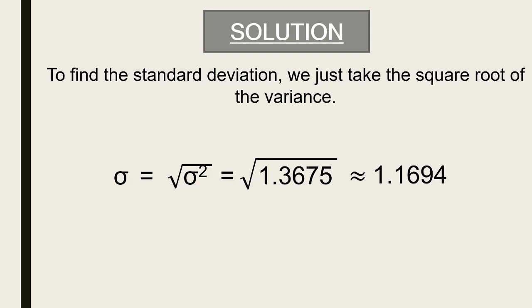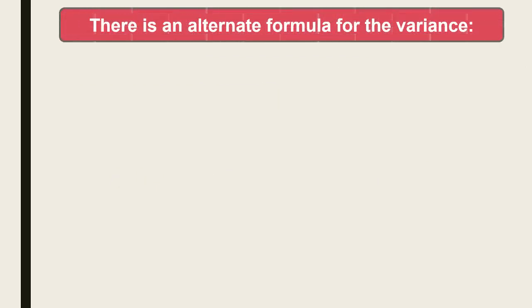Now that process for the variance is a little bit time consuming, a little bit detailed, a lot of long decimals in that process. There's actually an alternate formula to help us find the variance. And it looks like this.